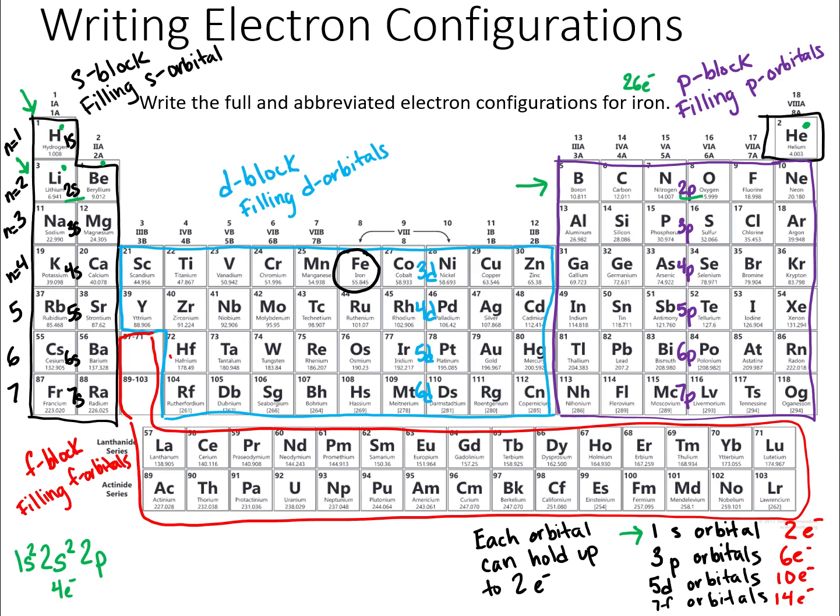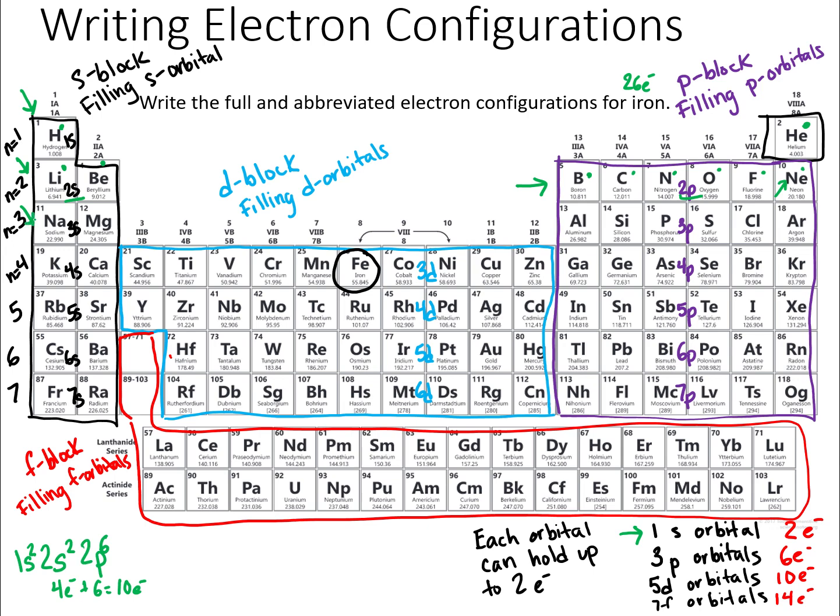Okay? And in the p sublevel, we can hold a total of 6 electrons. And since this is the p block, look, 1, 2, 3, 4, 5, 6. So we can hold a total of 6. Now we've got a total of 10 electrons. And if we stopped here, we would have the configuration for neon. But we don't care about neon. We care about iron.